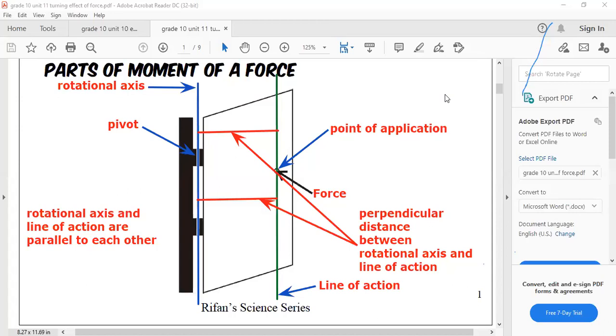Isha, Adil, Hanaf, completed? Yes, sir. Good, good.